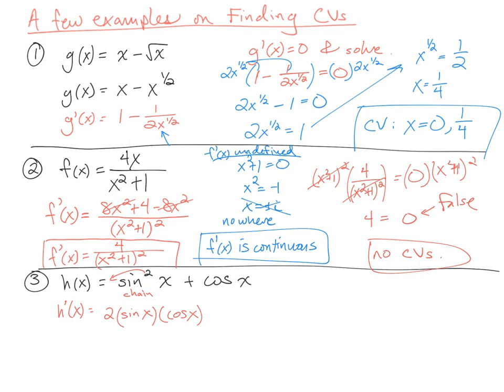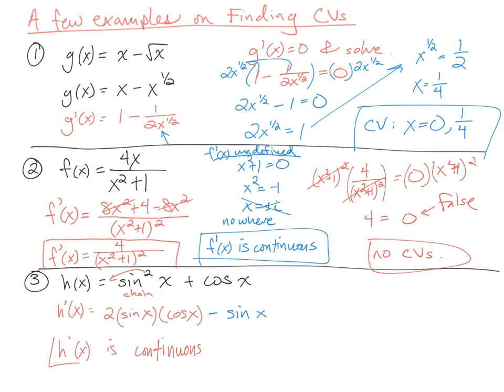Now the second term here, cosine of x would turn into negative sine of x. So cosine and sine are continuous, so again, we can write here h prime of x is continuous, which means that the derivative has no undefined values.